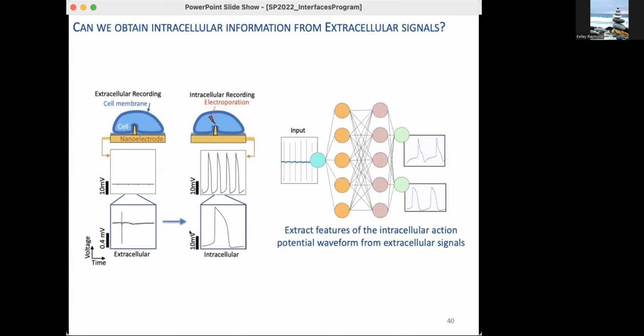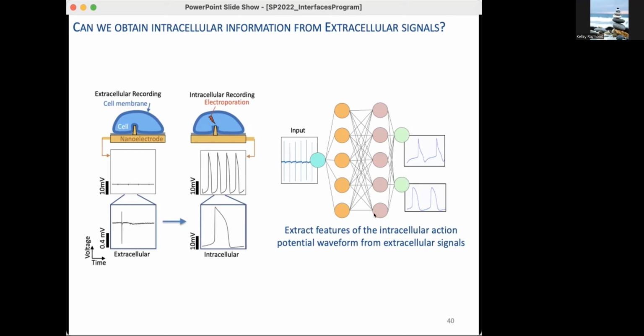So the question is whether we could actually obtain this intracellular information without having to do this intracellular recording, by only doing extracellular recording. The advantage of that is that extracellular recording is easier to do, less invasive, and in vitro, that's the only method that's possible.